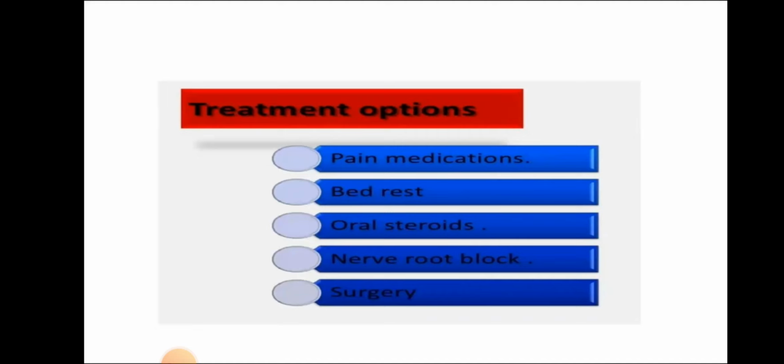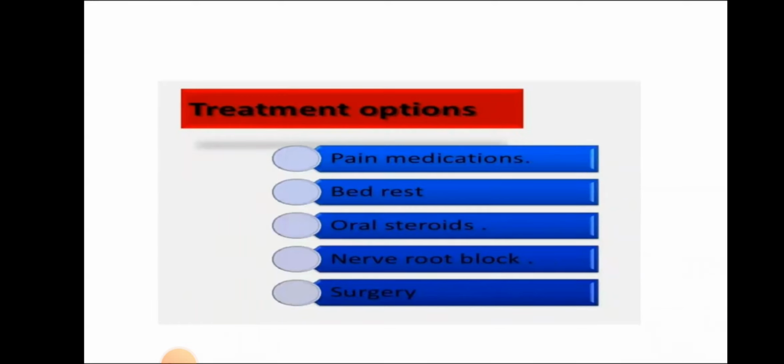Then hot fomentation, gentle exercise, spinal jacket, continuous or intermittent traction, analgesics and muscle relaxants, intradiscal injection of chemopapain enzyme which dissolves the fibrocartilaginous tissue and nucleus pulposus, then transcutaneous electrical nerve stimulation, and surgery like laminectomy or discectomy can also be done.